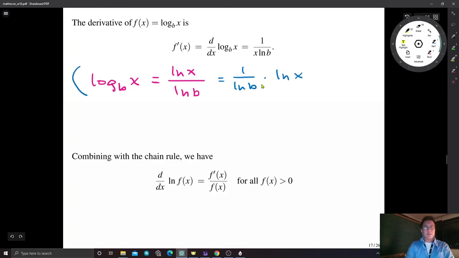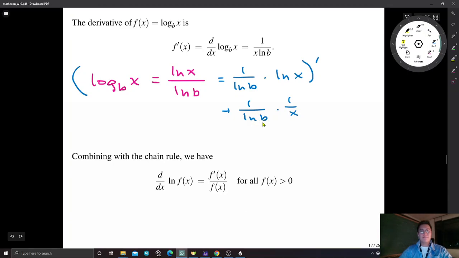So its derivative is going to be, because this constant is multiplied, we leave it alone, and the derivative of ln x is 1 over x. So the derivative of any logarithmic function is going to be the reciprocal: we have 1 over x, and then we multiply by 1 over ln b.